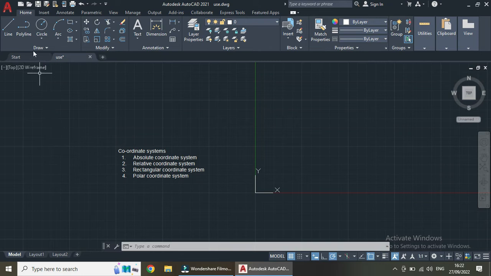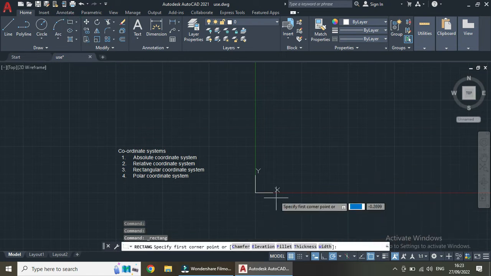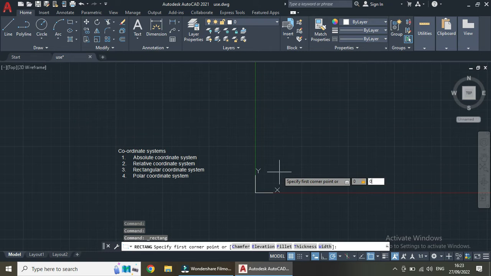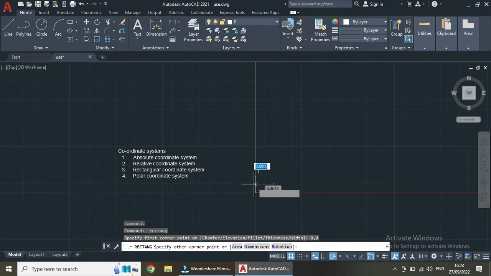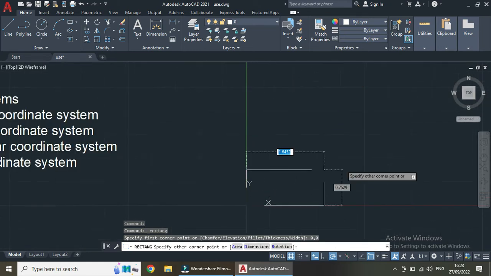So let us take a rectangle command. First we have to take the rectangle command. So first specify first corner. Let us take it as 0, 0. Enter. So our origin has been formed here.